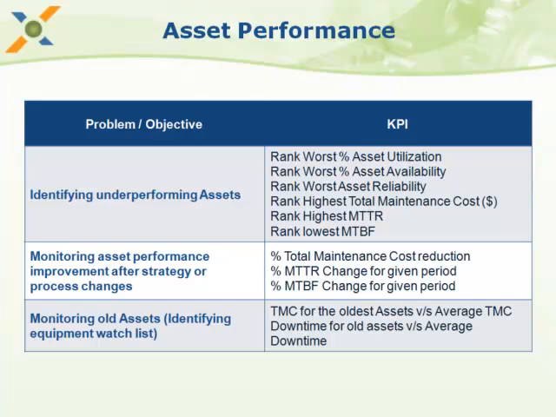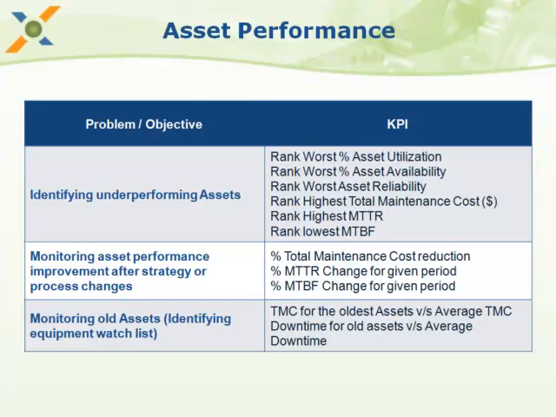If we want to keep old assets and identify old assets and keep them on a watch list, we can actually focus on some of the KPIs associated only with addressing this particular problem.